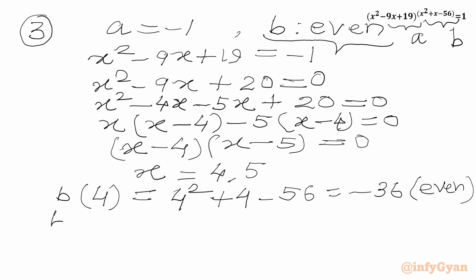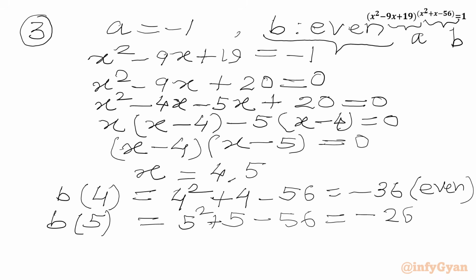Now we will check b of 5 also. So we are going to write here 5 square plus 5 minus 56. This time we will get 25 plus 5, 30 minus 56, minus 26. Again we have an even number.